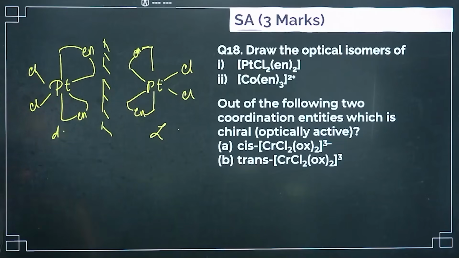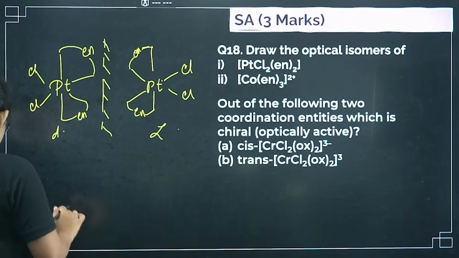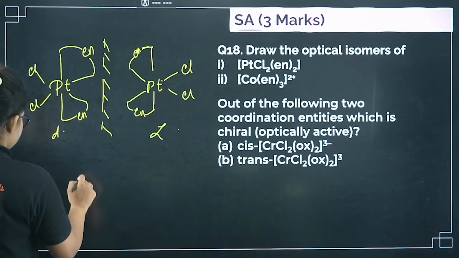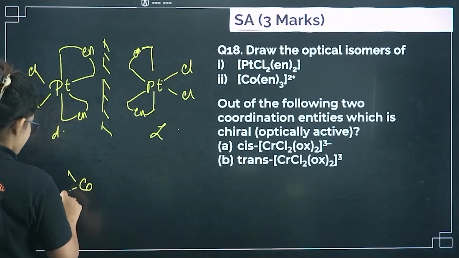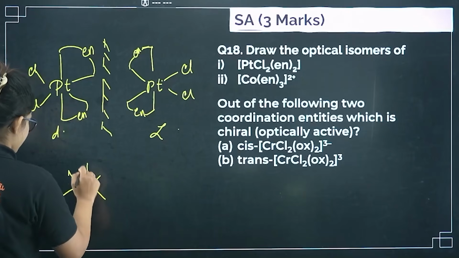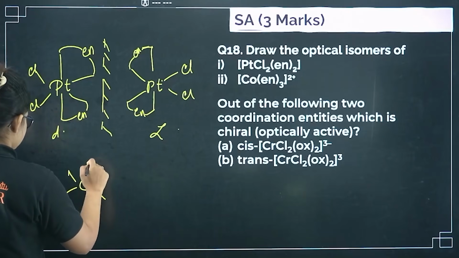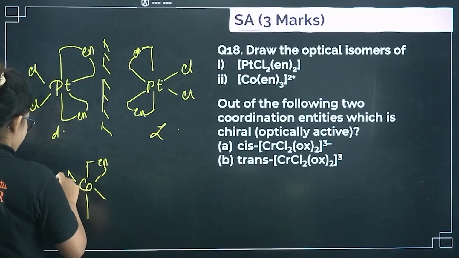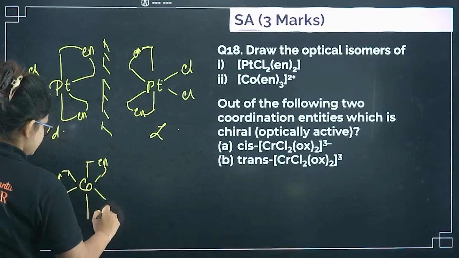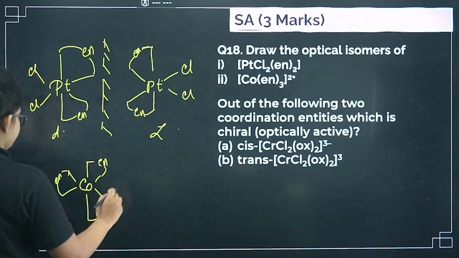cobalt with 3 ethylenediamine. So let's draw it. Cobalt, we can place 1 ethylenediamine like that, 1 like this on the plane, 1 like this. Now you can draw the mirror image of it.